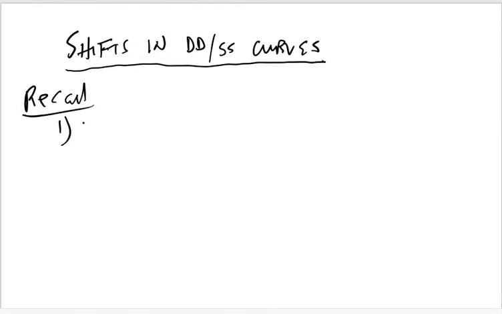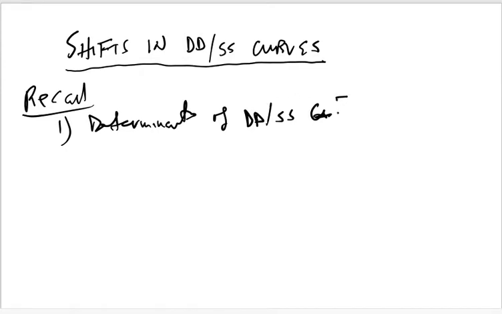You recall, one, the determinants of demand and supply. Let's just say that in the moment. So that requires you to revisit the demand or the supply function.